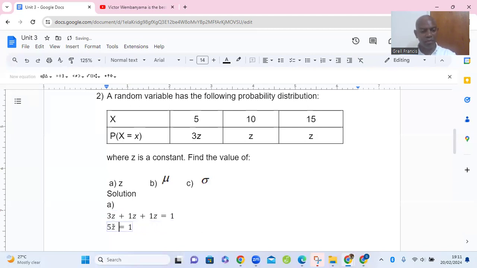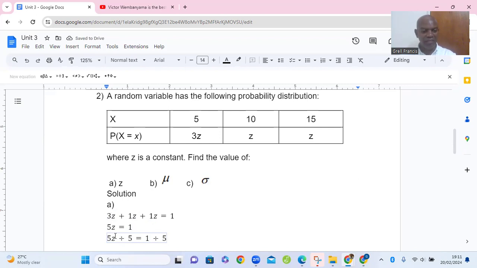is equal to 1. And now to solve for z, we simply divide both sides by 5. So 5z divided by 5 and 1 divided by 5. What you do on the left side of the equation, you must repeat the same thing on the right side of the equation.